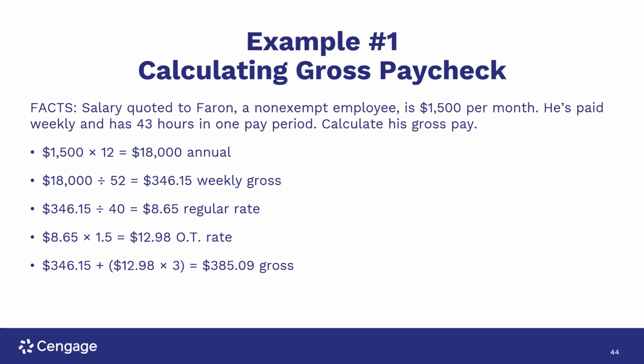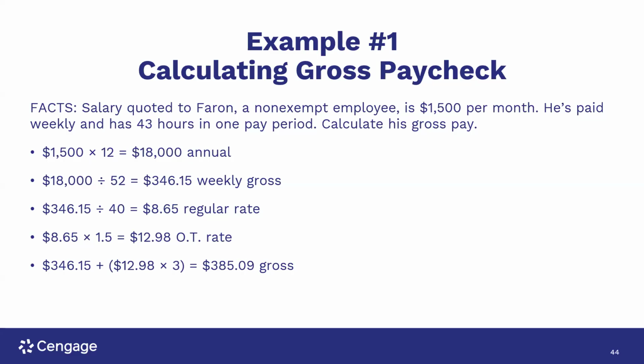So in this example, Farron is a non-exempt employee, paid $1,500 per month, paid weekly, 43 hours per week in one pay period. Note that even though Farron is salaried, they must be paid overtime. They're not an exempt employee.